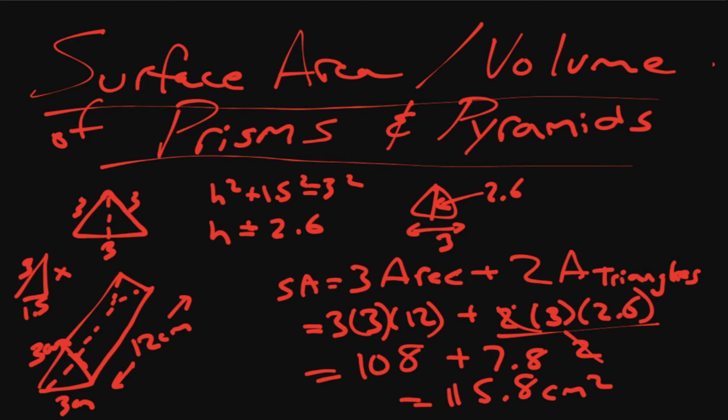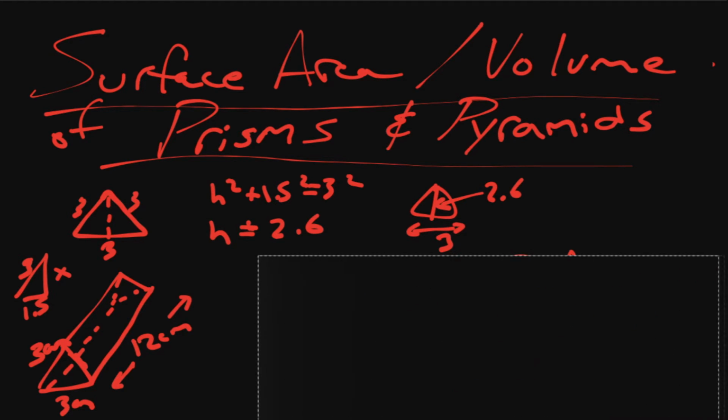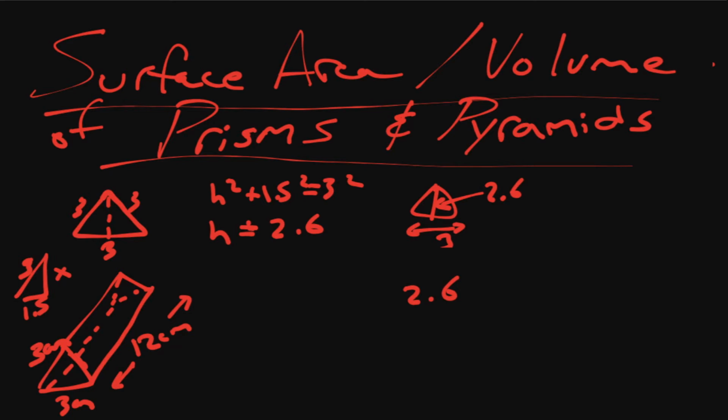Okay, we're going to do the volume for this too very quickly, which is much easier. The volume for this prism is basically the base, which is a triangle, times the height. So the area of the triangle times the height. And we know that the area of the triangle is 2.6 times 3 over 2, the area of the base.